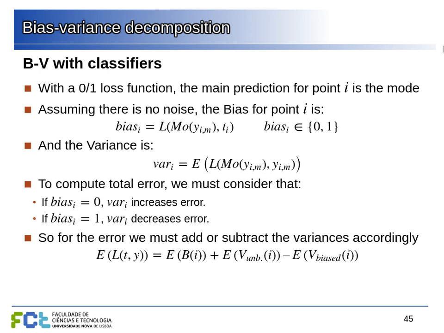So assuming there is no noise in our data, to simplify this, we can consider that bias, the shift in our average predictions, can be computed using this loss function for comparing the mode of all our predictions, of all our hypotheses trained over many different data sets. So the mode is the majority vote, the one that comes up most times, and we compare that with the target class for that point.